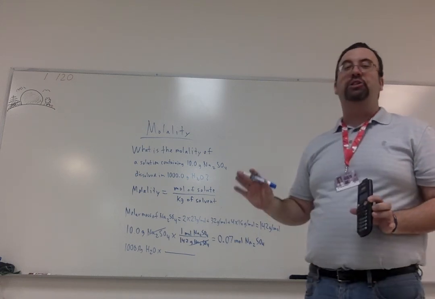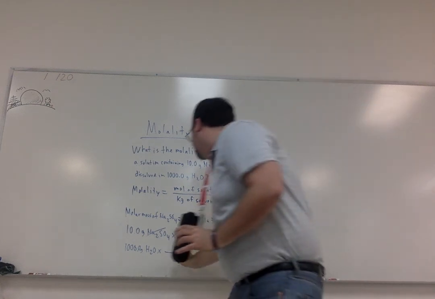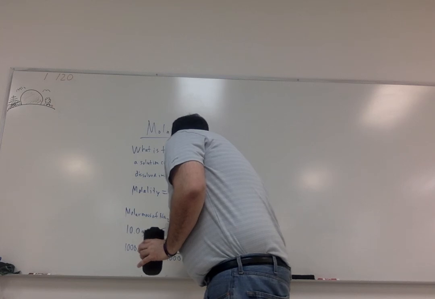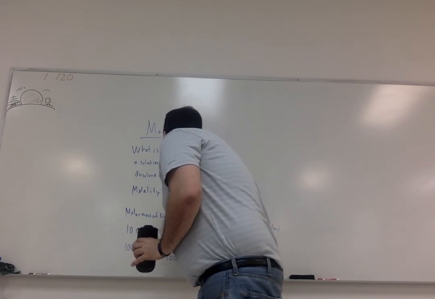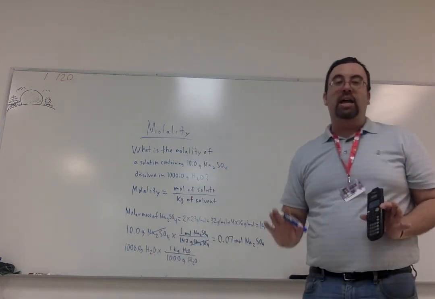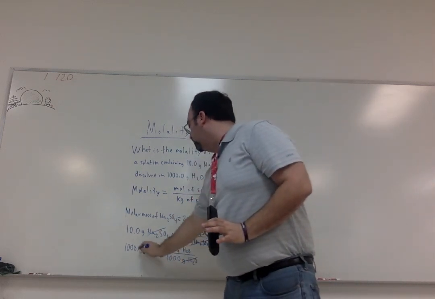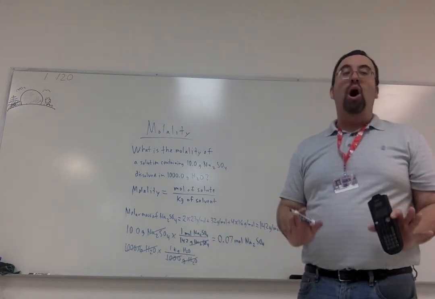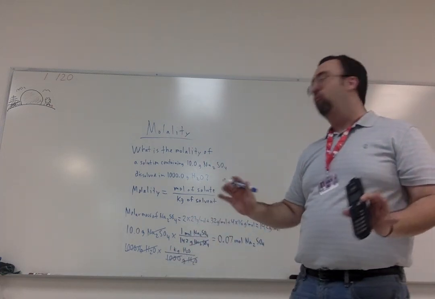And so we'll put the 1,000 grams on the bottom. Notice that not only does the unit cancel out, but the 1,000 cancels out. So we actually have 1 kilogram of water.